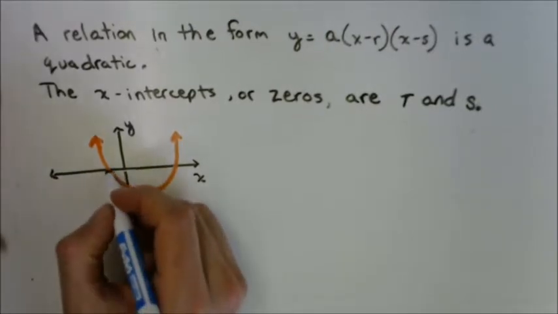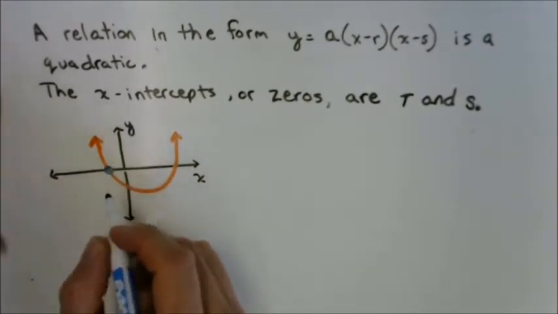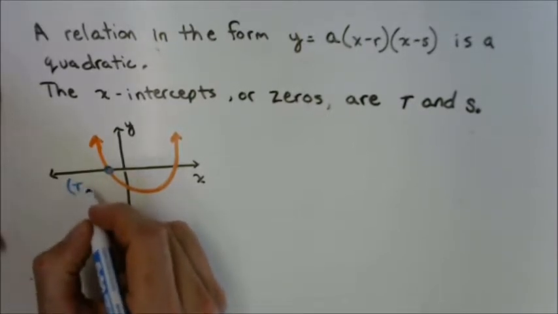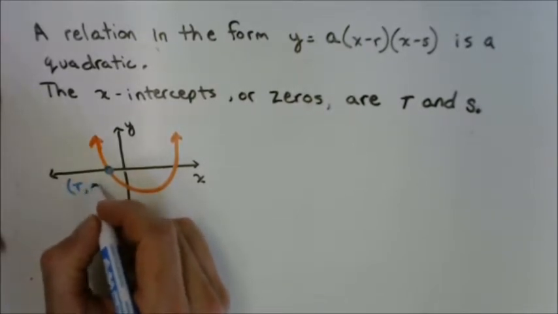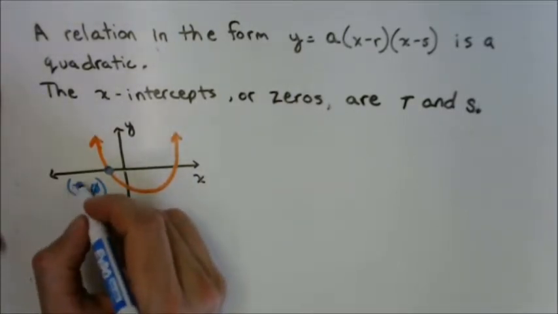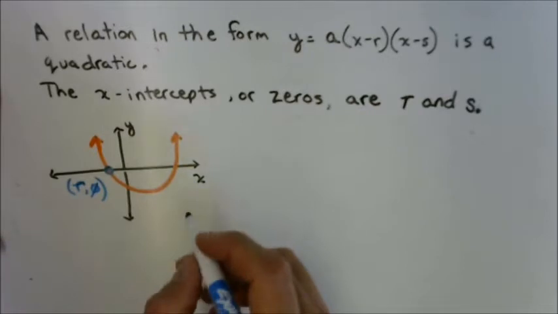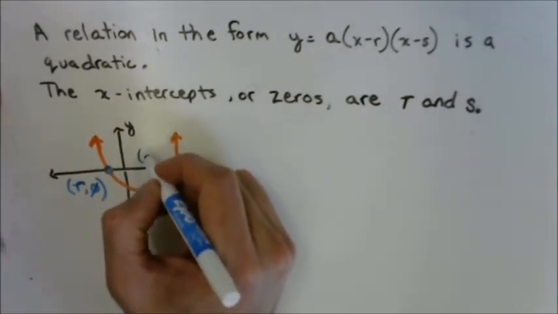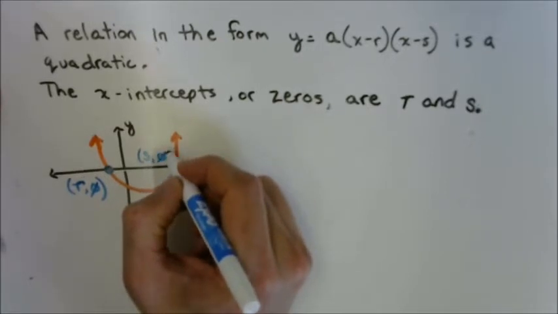All that tells us is that this point right here is an x-intercept. The coordinates of this point are r, 0, and the coordinates of this point are s, 0.